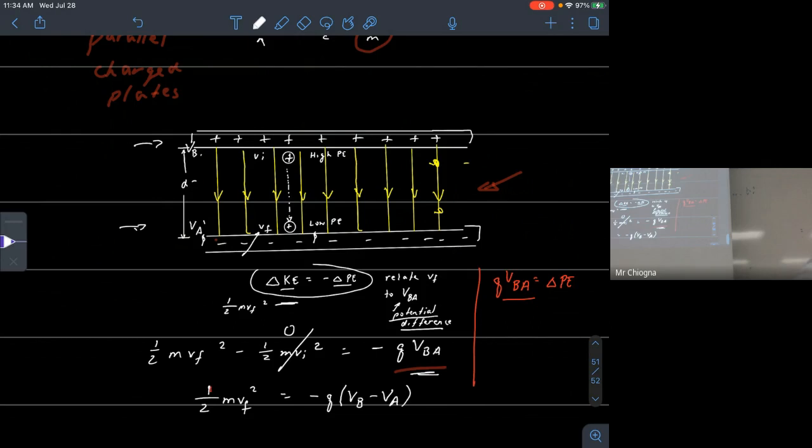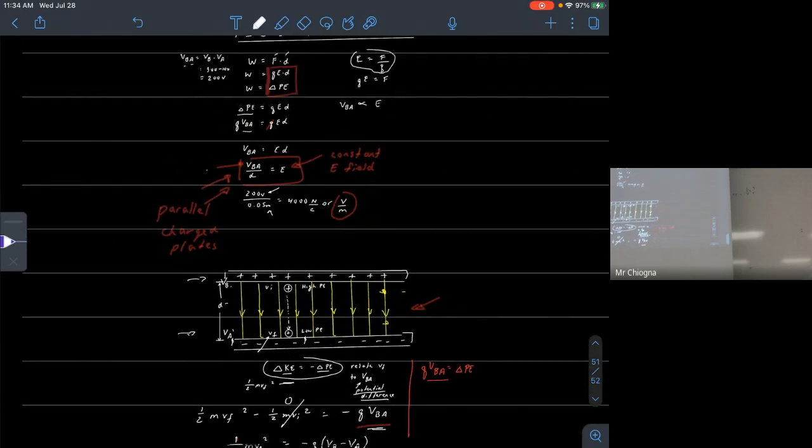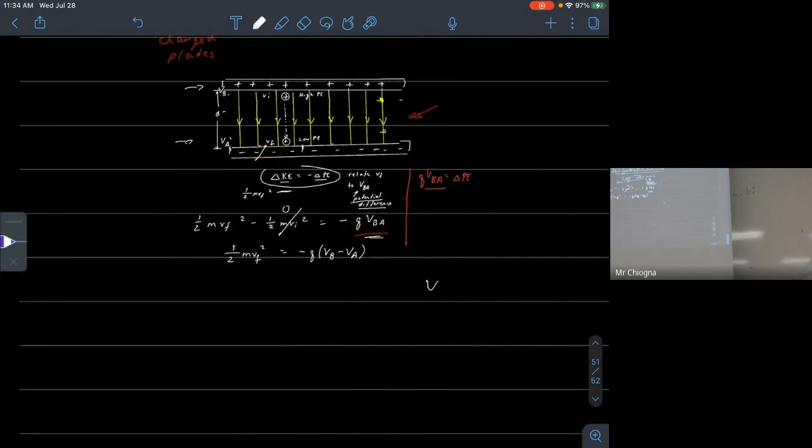If you're not given that, if you're given the electric field, then you've got to go back to our equation earlier. Go back to this one here. VBA is equal to the electric field times the distance between the plates. So it depends what you're given. If you're given the potential differences, then you use this equation.